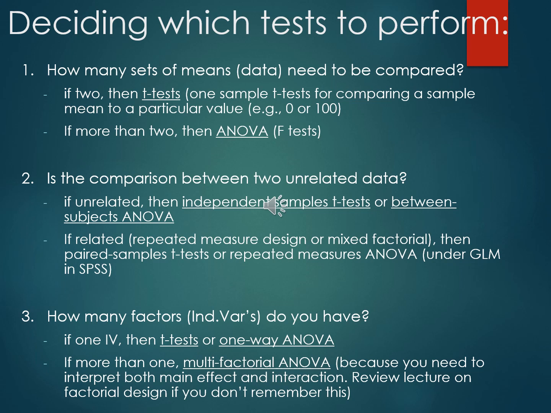And then finally, you also need to understand how many factors you have. If there is one factor, which means one independent variable, then either t-test or one-way ANOVA is appropriate. On the other hand, if you have two or more independent variables, in that case, you have to use multifactorial ANOVA.